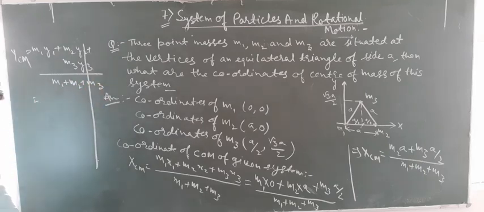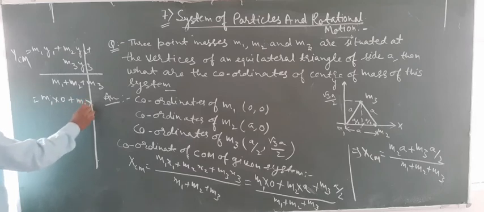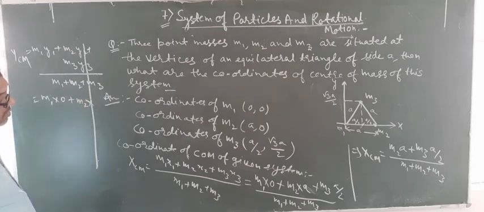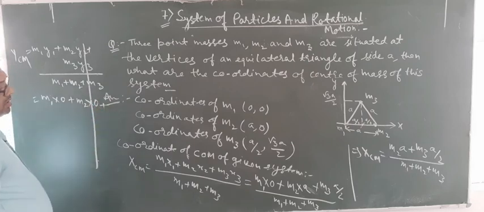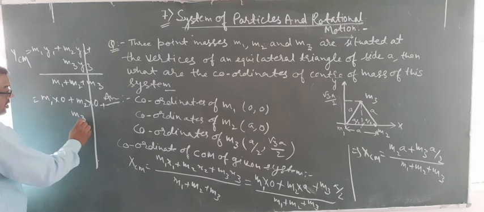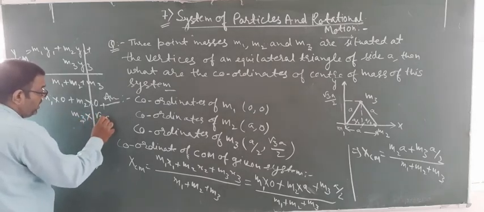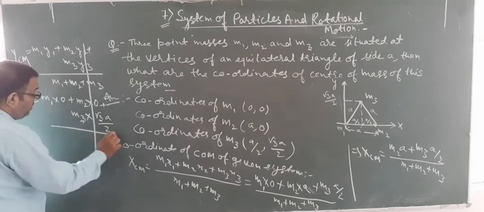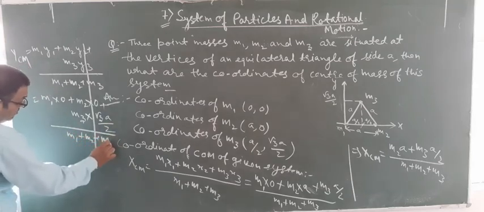Since y1 is at the origin, it is M1 into 0 plus M2 into y2, and y2 is also 0, plus M3 into root 3a by 2, upon M1 plus M2 plus M3.